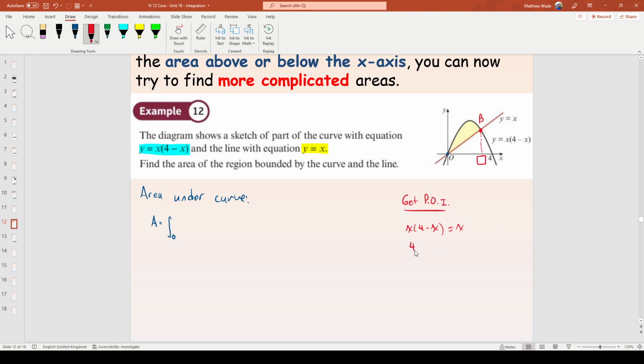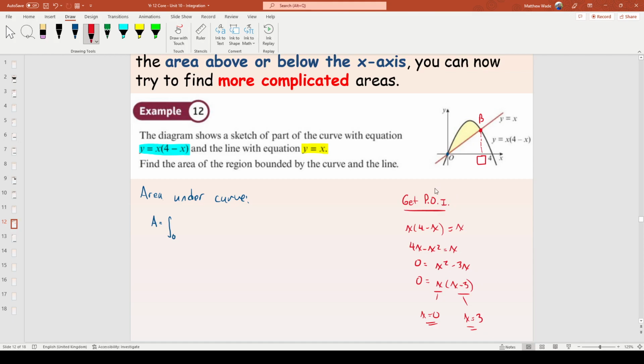So here we go. 4x minus x squared equals x. Let's move the x squared to the other side: 0 equals x squared, and this is going to be minus 3x. Oh my god, I guessed it right. 0 equals x(x minus 3), which means that x is 0, which we can observe, and also x equals 3. By god, I'm a good guesser.